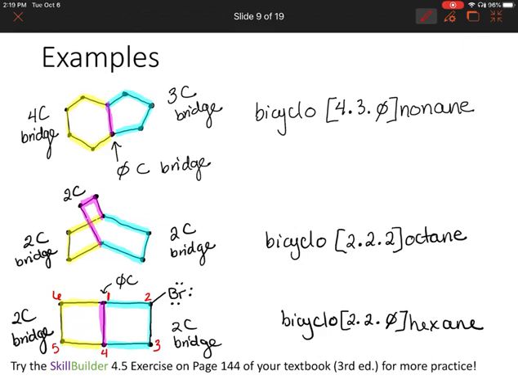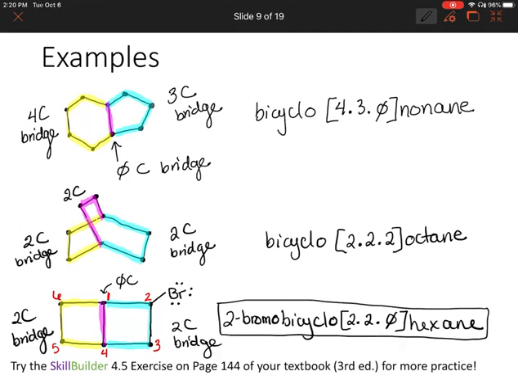So we've given bromine the smallest number possible. If we had numbered it the other way, bromine would be at position 6, which we don't want. We want it to be at position 2 because it's smaller. All right, so then we write 2-bromo at the very front of this molecule. So this is a bit of a longer name. It's 2-bromobicyclo[2.2.0]hexane.